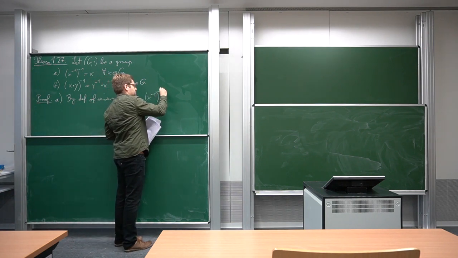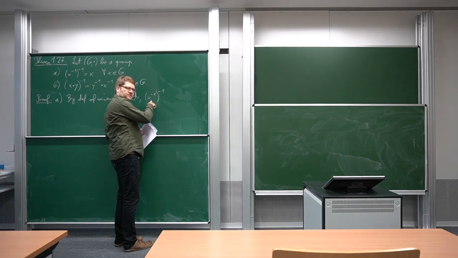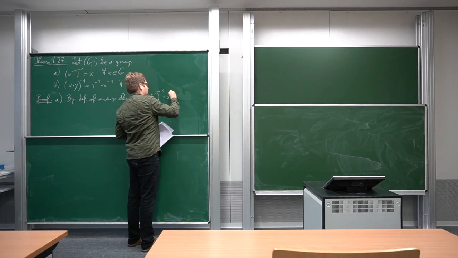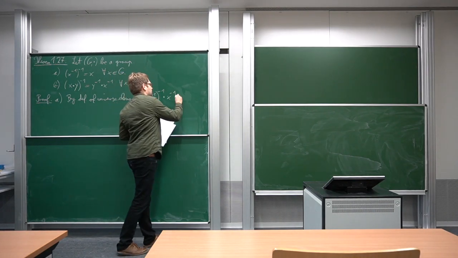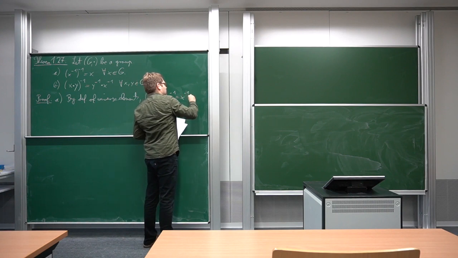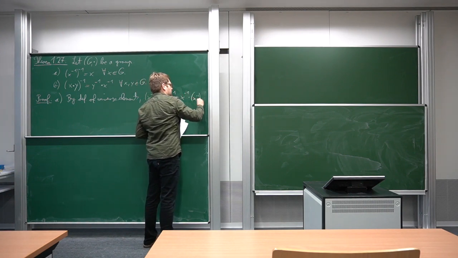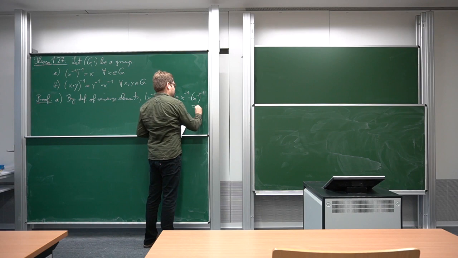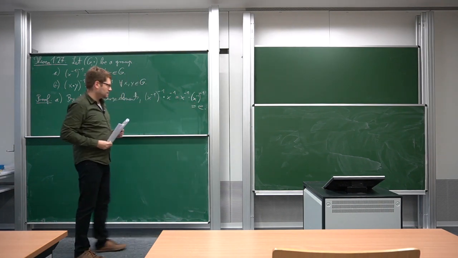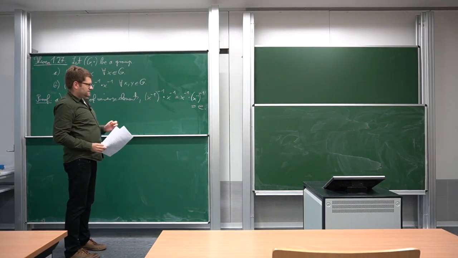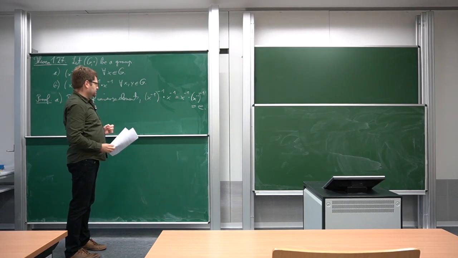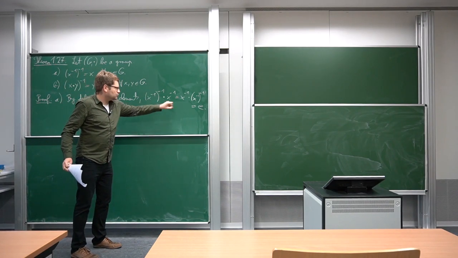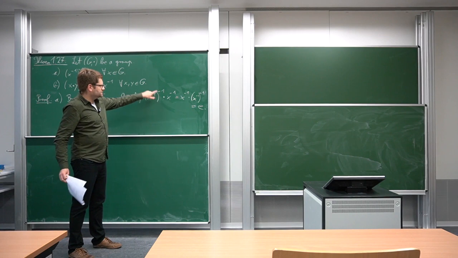we have that x^-1, so the inverse of x^-1, times x^-1 is the same as x^-1 times its inverse, and this is the same as the neutral element e. So we have seen that inverse elements are unique, so we only need to show that x has this property, that x fits in here if we replace this by x.